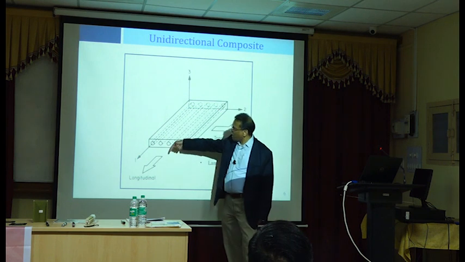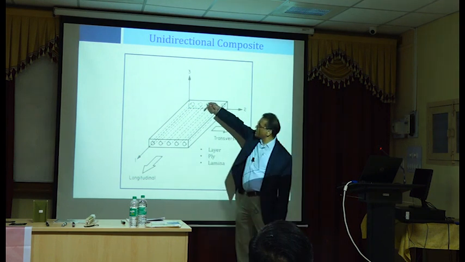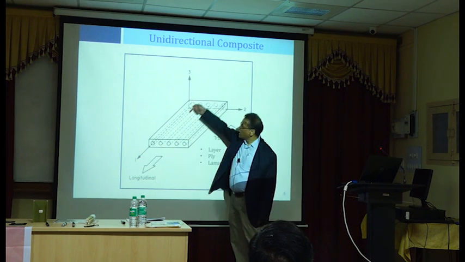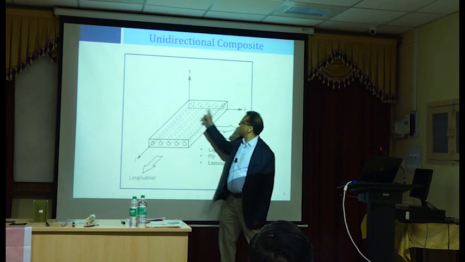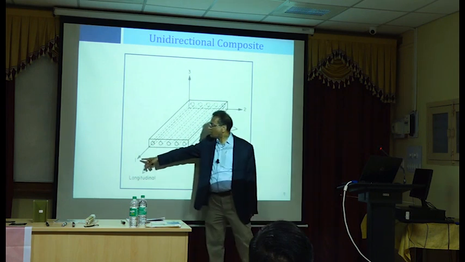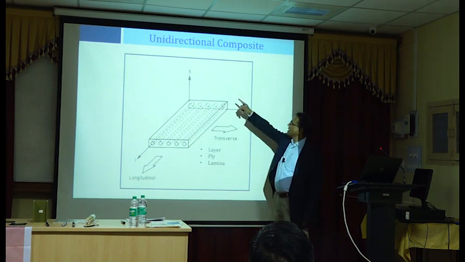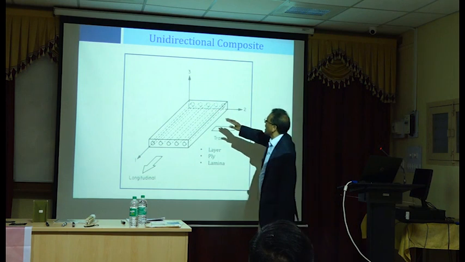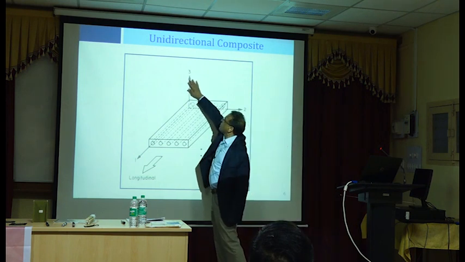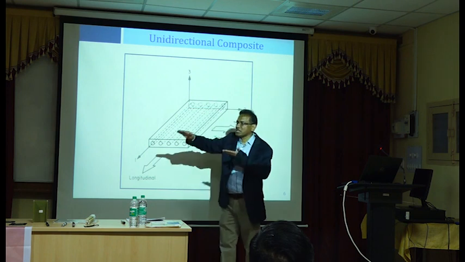The direction of the fiber is the longitudinal direction. That's what we will call this. Longitudinal direction refers to the direction parallel to the fiber. In this global system, it's number 1, and this is 2, and that's 3. In most cases, number 3 is not likely to govern our design, in most flat structures like this one here.